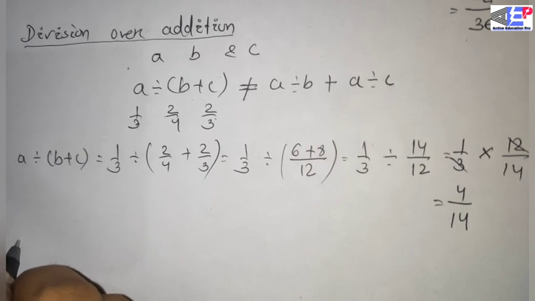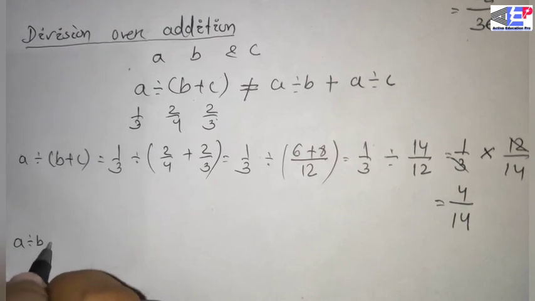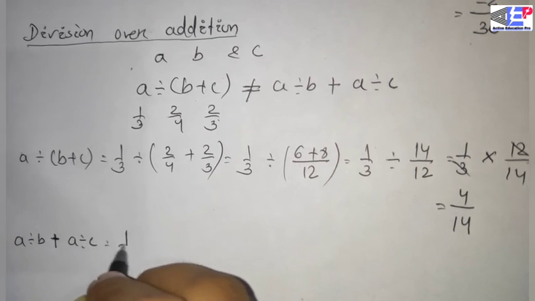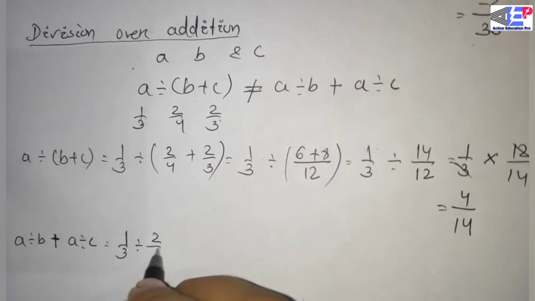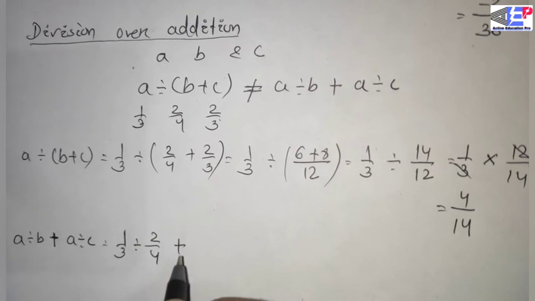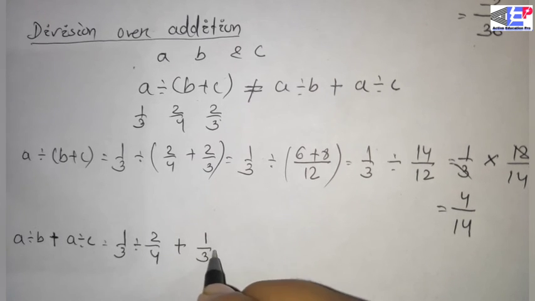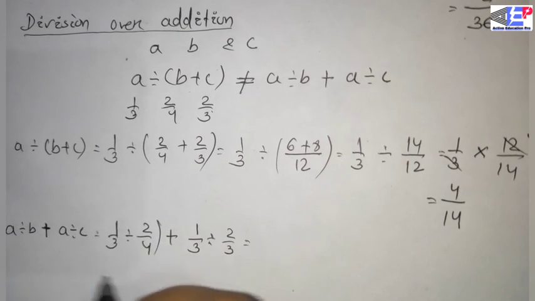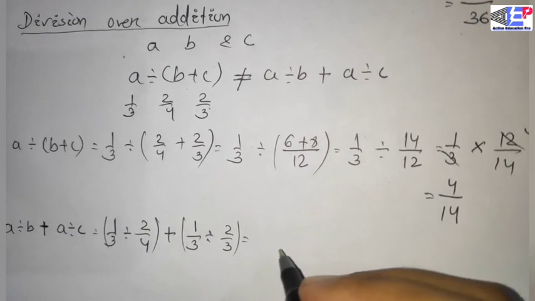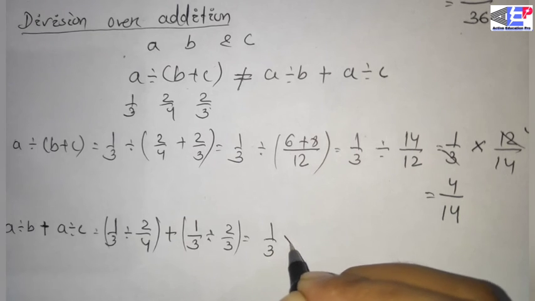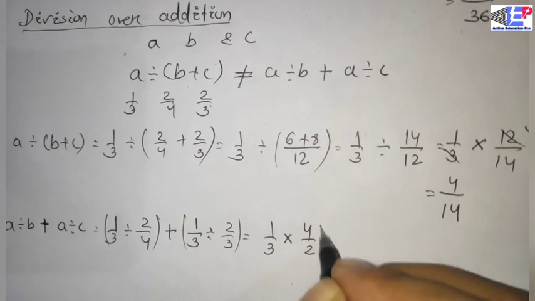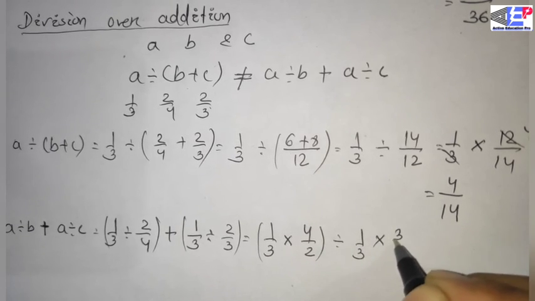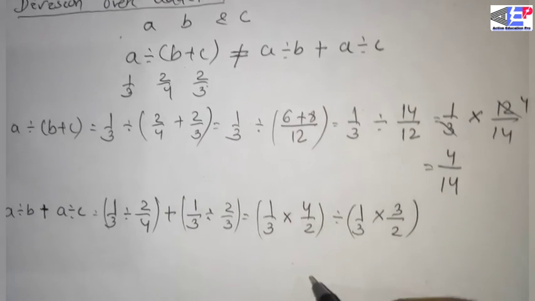Then check for right side: a divided by b plus a divided by c. 1 by 3 divided by 2 by 4 plus 1 by 3 divided 2 by 3. 1 by 3 multiplied 4 by 2 plus 1 by 3 multiplied 3 by 2.